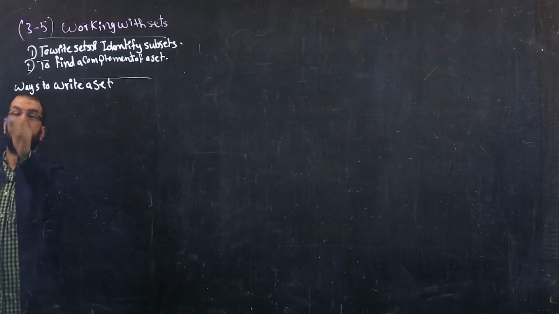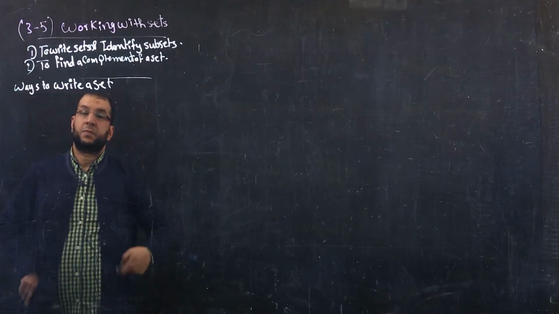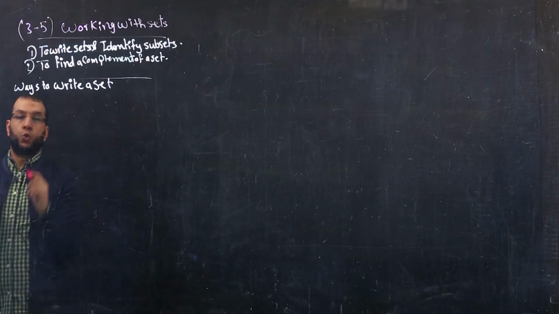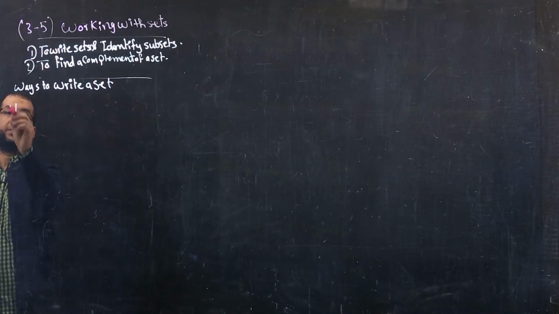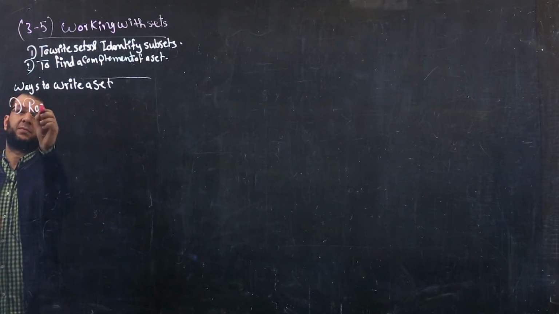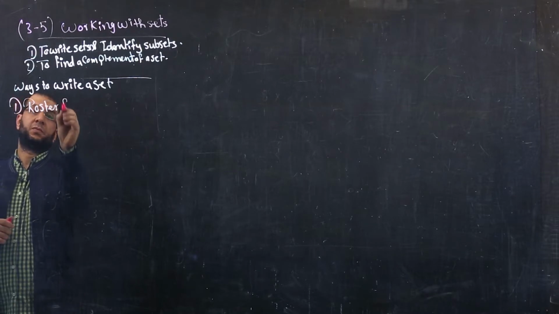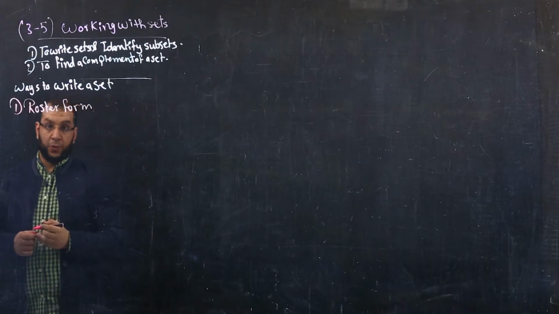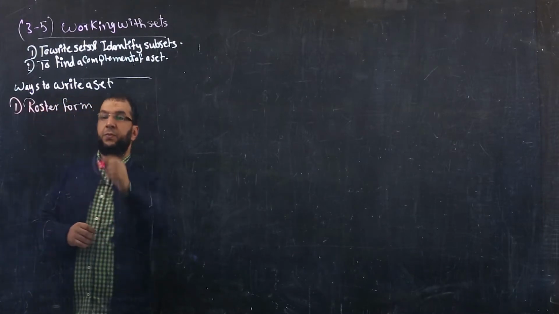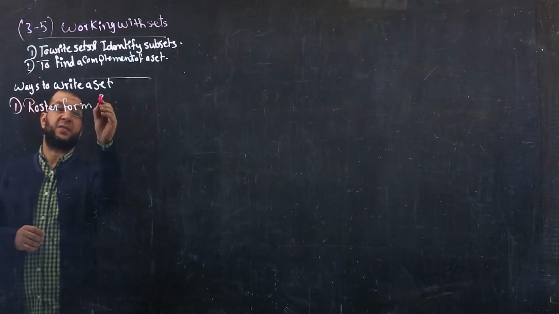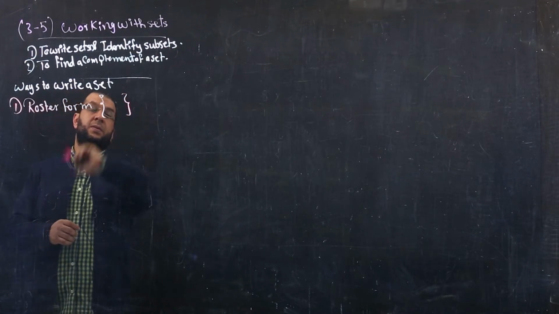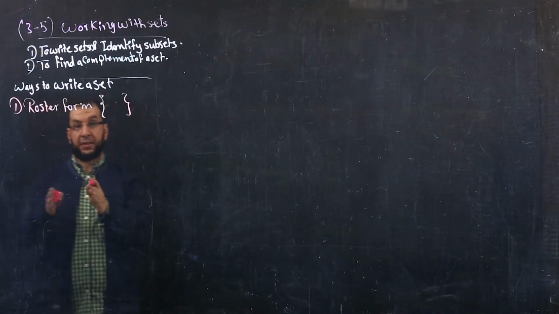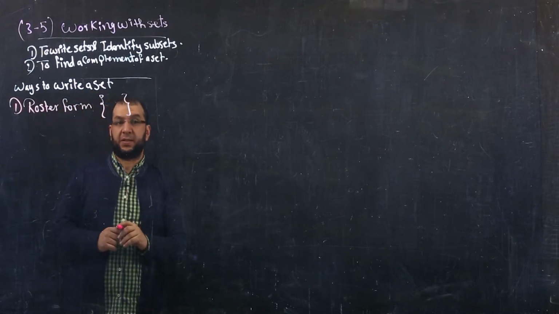First way is Roster Form. Roster Form is a form where we write braces and list the elements of the set inside the braces.